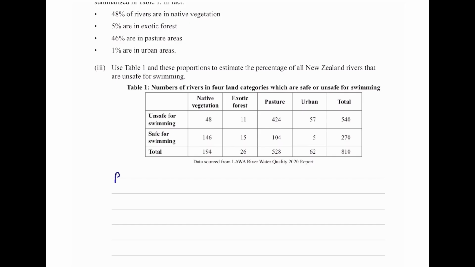All we need to do is use the table to calculate those proportions of unsafe rivers. What we're saying is, look, we want to find the probability that a river is unsafe. How do we do that? Well, all we need to do is find the probability, essentially, that a river is unsafe and it's native. So unsafe and native.